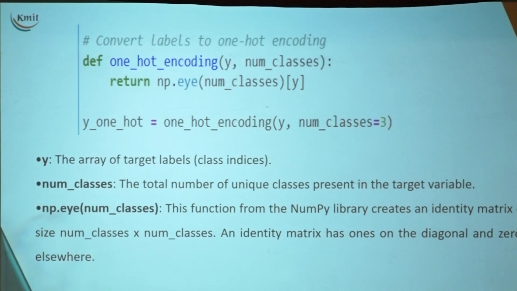Define one-hot encoding by passing two parameters, which are y and num_classes.